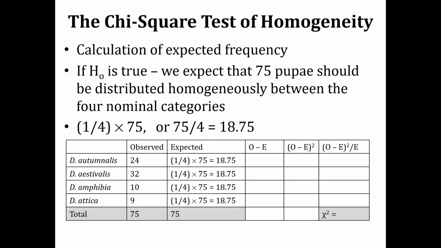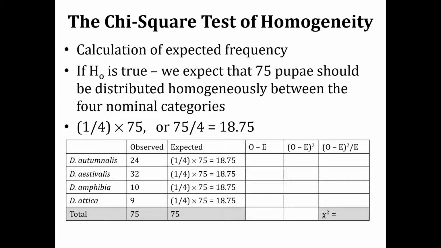As you can see, the totals of the observed and expected frequencies should be the same. In the next column we have the difference of observed and expected frequencies, which is O minus E. Then we have the square of this difference.